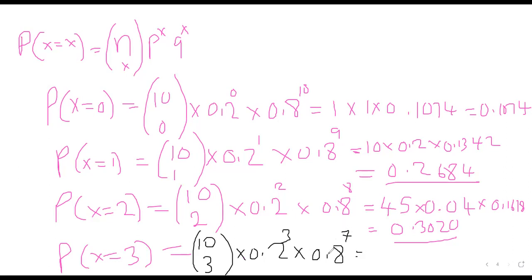Excellent. So we now evaluate 10 combination 3 is 120. So you put 120 there. 0.2 to the power 3 we get 0.008. 0.8 to the power 7, you get 0.2097.